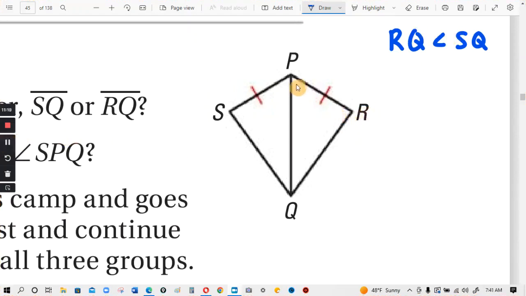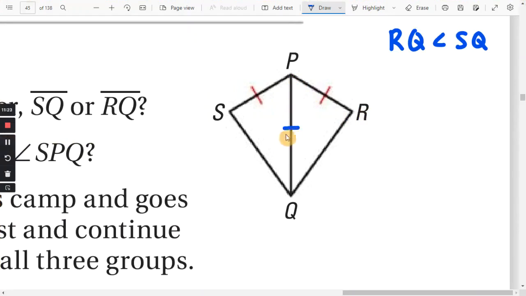Once again, we have this side that's shared by both triangles, so I'm going to mark that one. RQ is this one right here, and if we go across from that, we have this angle right here. That is angle RPQ.